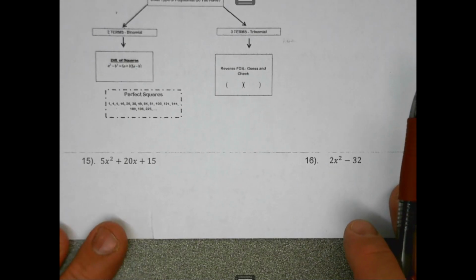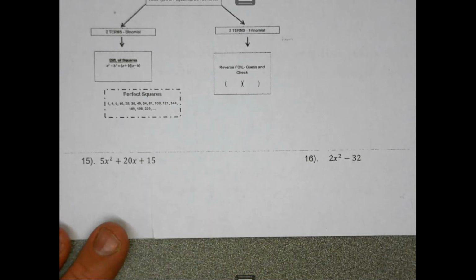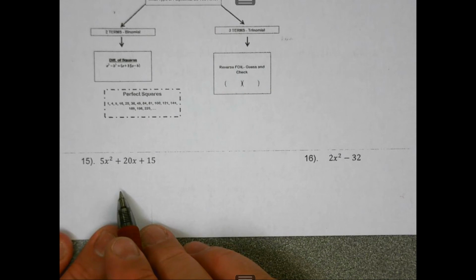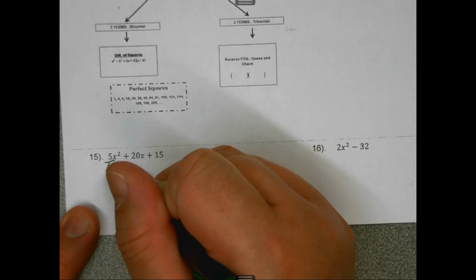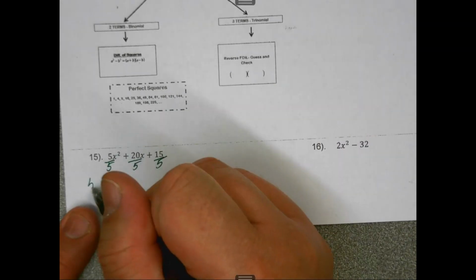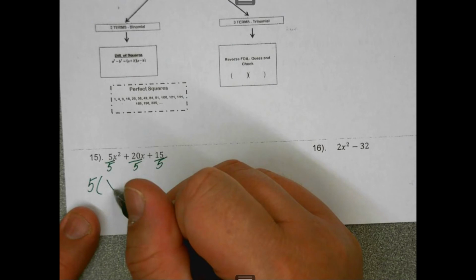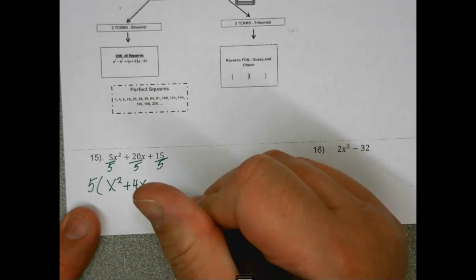These look like some extra problems down here. Let's go ahead and do these real quick. Step 1, looking at my chart, are there any factors to take out? Actually, I can. I can take out a 5 from each one of these terms, and I'm left with x squared plus 4x plus 3.